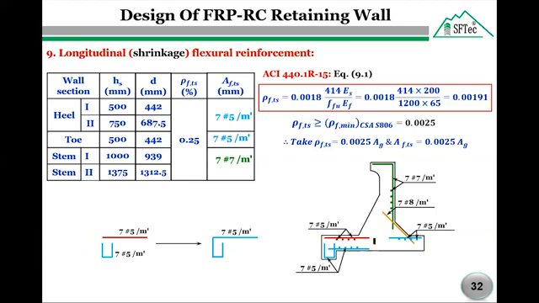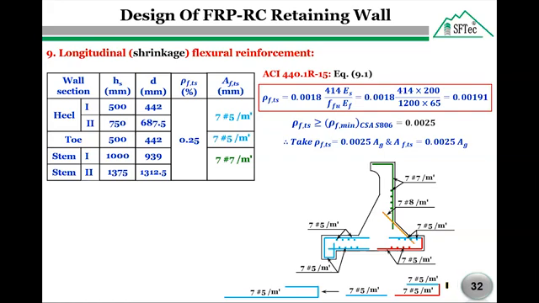So the compression FRP bars will be connected with the shear key reinforcement to act as one piece. For the compression reinforcement in the transverse and the longitudinal direction at the bottom of the heel section, 7 bars number 5 per meter run are selected in both directions. The selected bars at the top and the bottom will be connected to act as one piece.